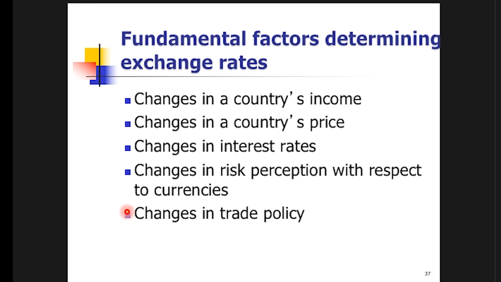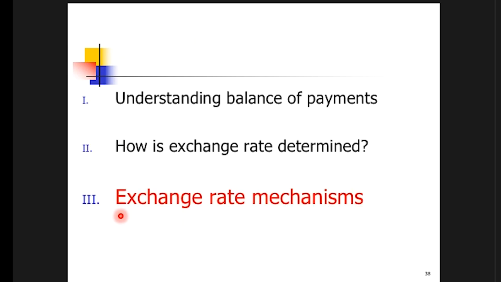But in fact, when we have these changes in the economy, it does not necessarily lead to a change in the exchange rate, because there is the exchange rate mechanism, and sometimes the exchange rate will be fixed by the central bank, not changed freely in the markets.